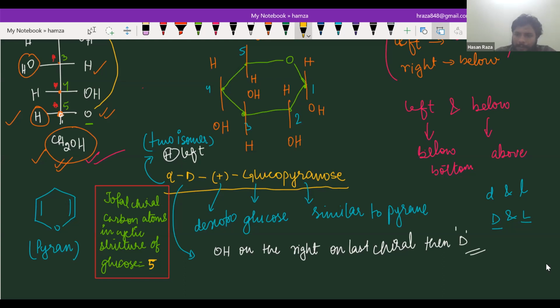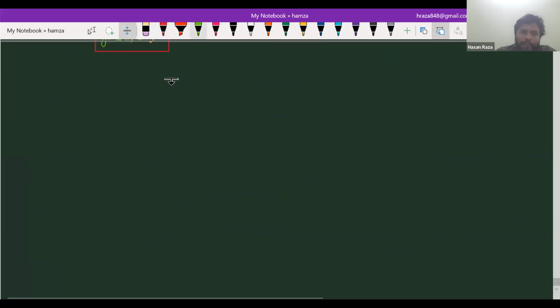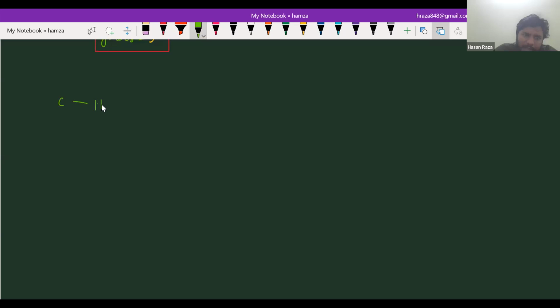Okay. Now see, if we have, you can see this carbon has H on the right hand side, OH on the left hand side, and this will be the same as it is CH2OH, and that will be connected with one of the oxygen. So what? Wait a minute. Let me write the whole structure because you will get confused.